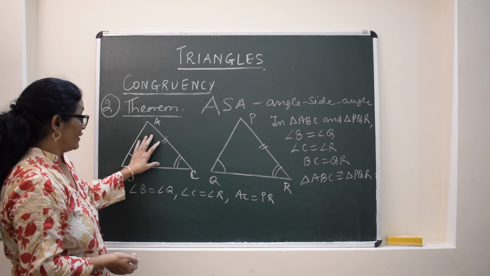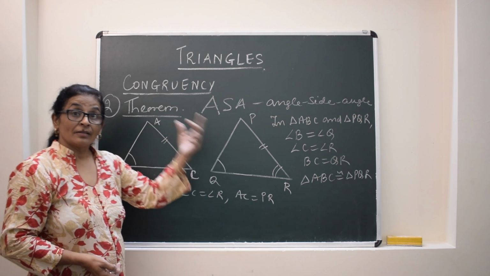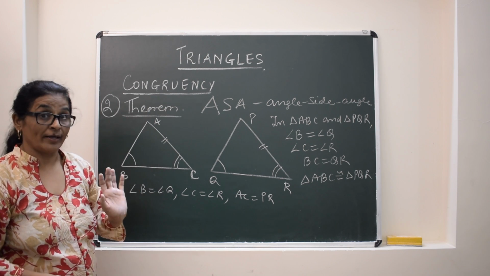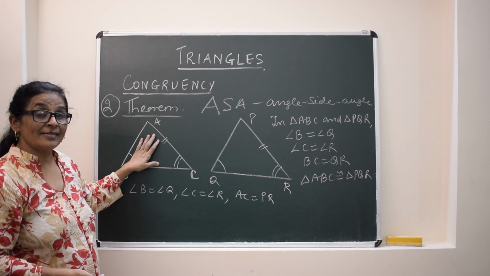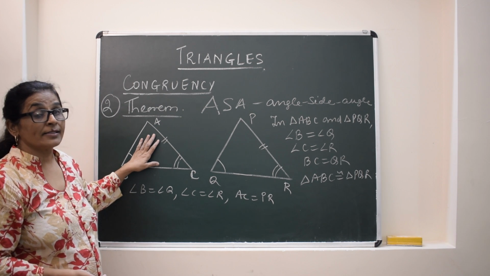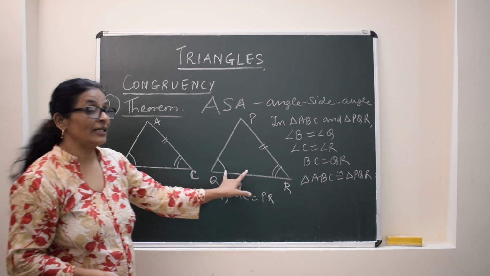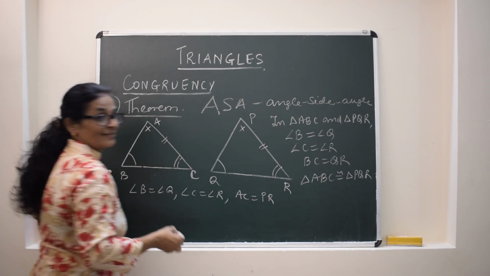But in a triangle, if two angles are equal to two angles of another, the third angle will automatically be equal. Why? Because the sum of three angles of a triangle is 180 degrees by the angle sum property of a triangle. So if any two angles are given equal, automatically the third angle is equal.